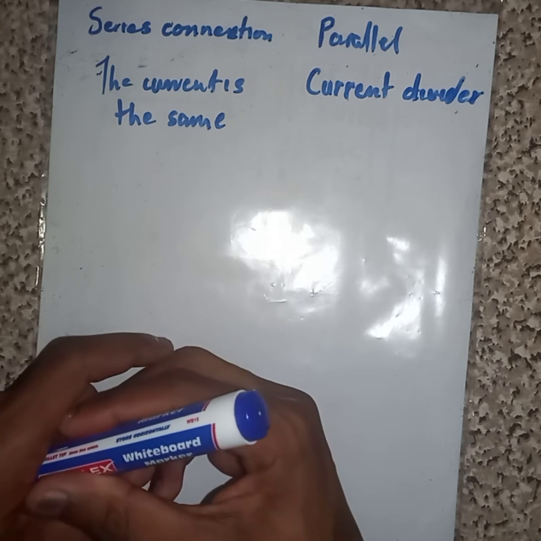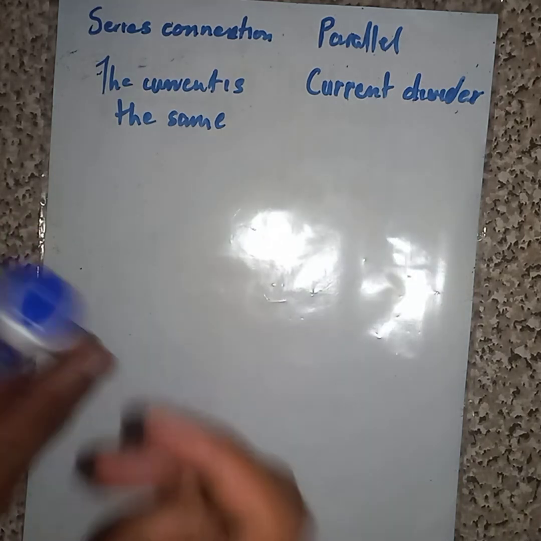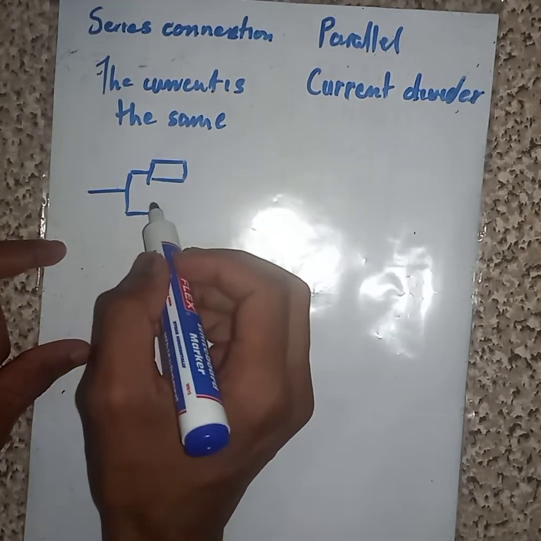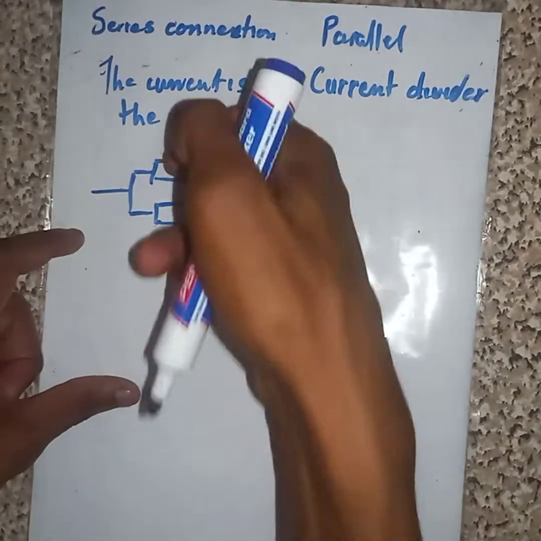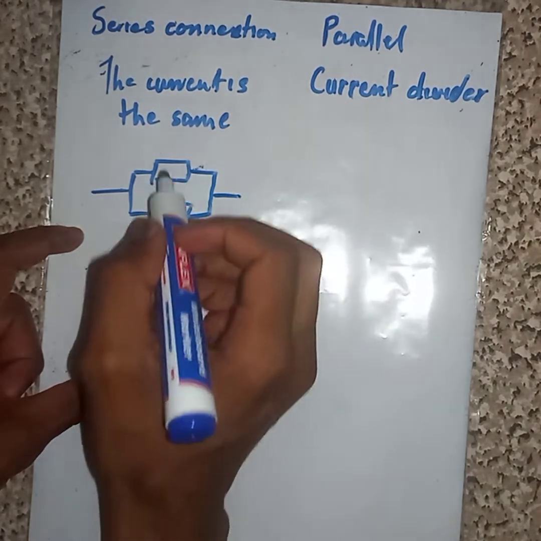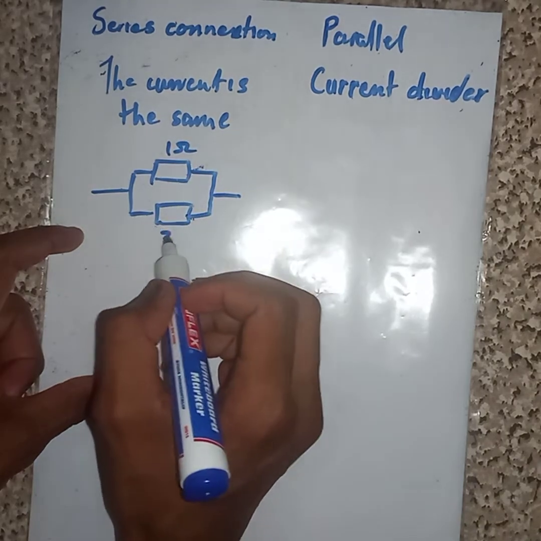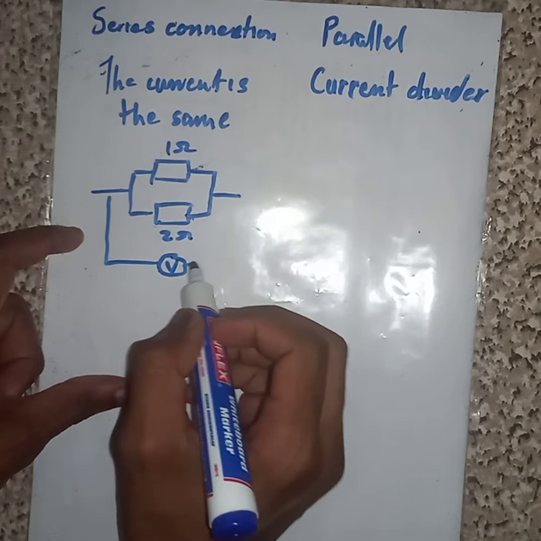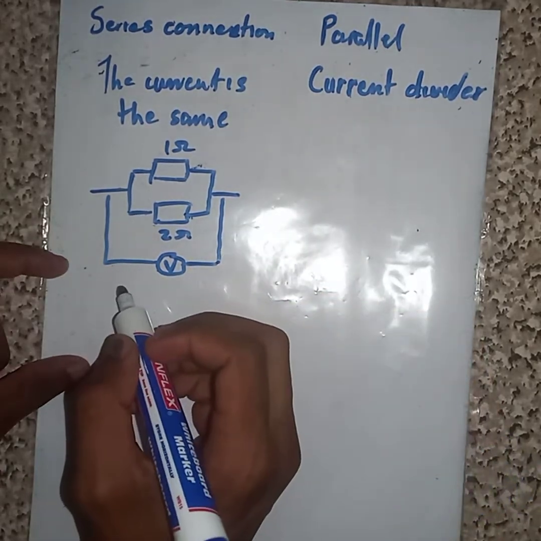But now if we have a situation of voltage, a learner just needs to know that if, let's say, I have something like this, let's say we have 1 here, 2 here, our V is going to be the same.